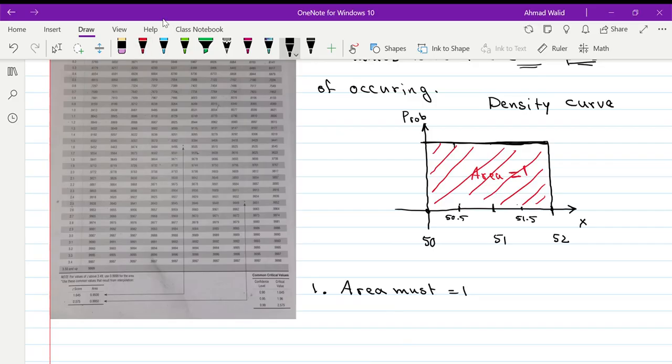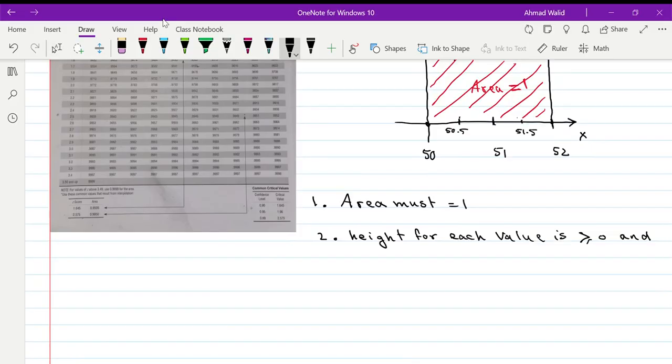Criteria number two: the height for each value of x is greater than or equal to 0 and less than or equal to 1.